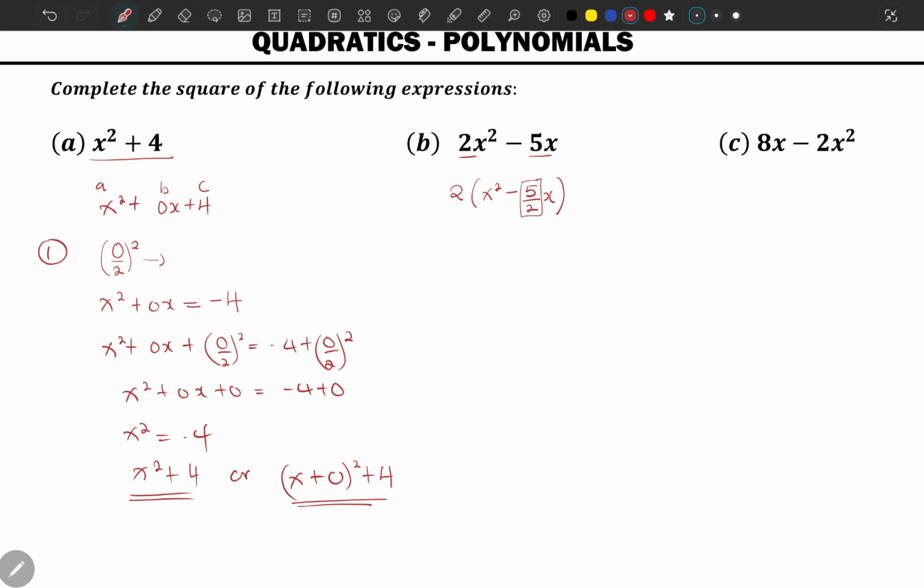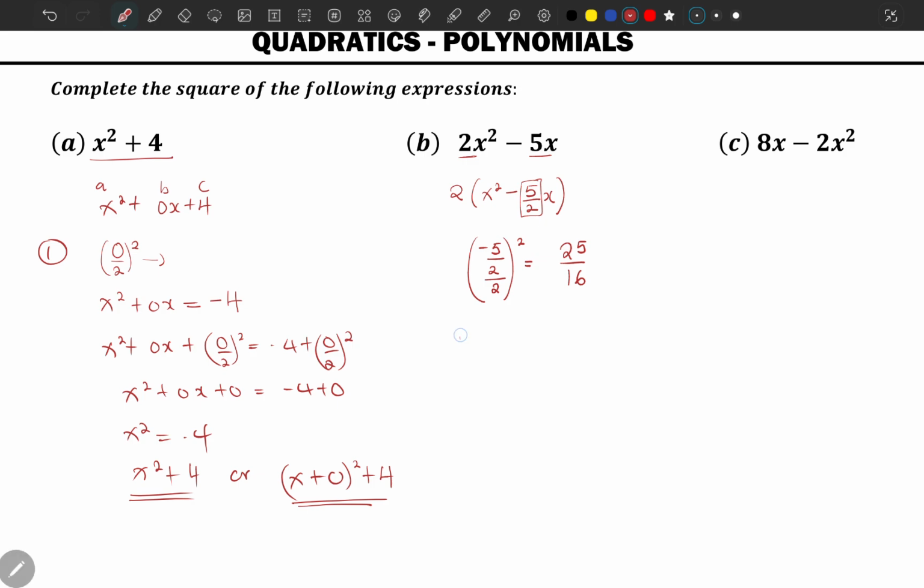So what is half of negative 5 over 2? I need to find half of it, then I square. And of course, this will give me 25 over 16. That's perfect. Now that you have 25 over 16, you are going to add and subtract the square of the same value.